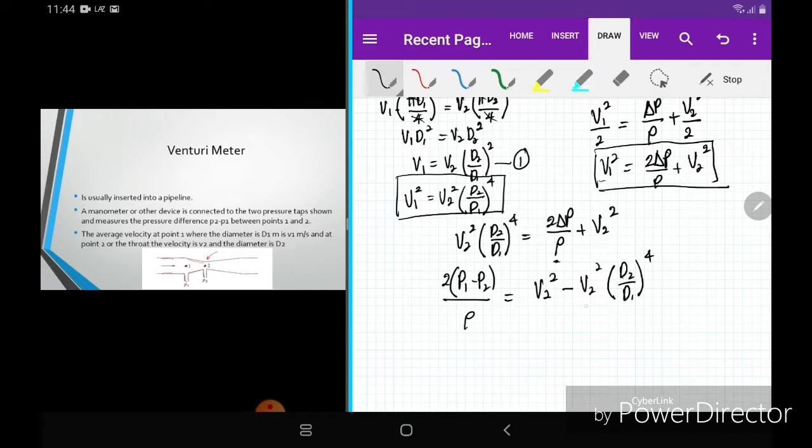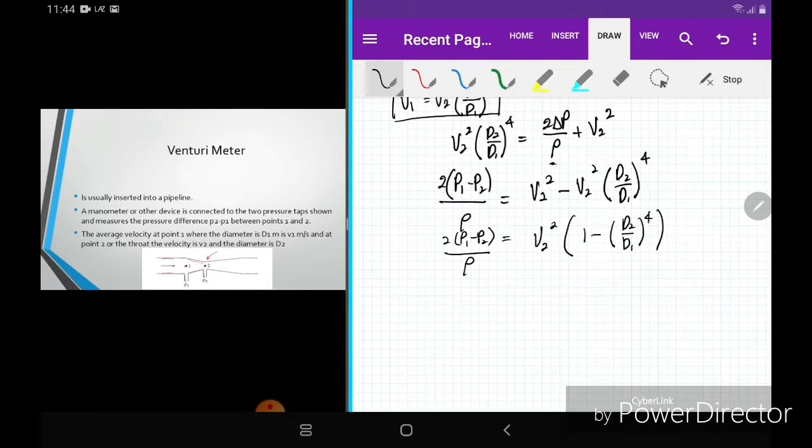Okay, factor out natin yung v sub 2 squared. You have v sub 2 squared quantity 1 minus quantity d sub 2 all over d sub 1 quantity raised to the 4th power is equivalent to 2 p1 minus p2 all over the density. Then we obtain the value for v sub 2.